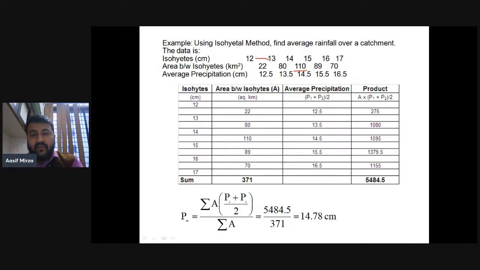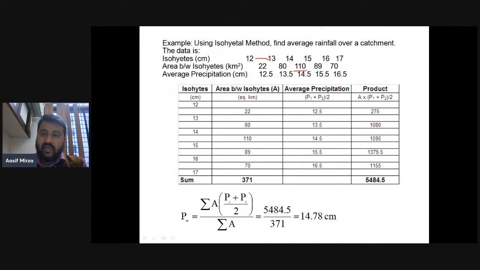Now the average precipitation values are 12.5, 13.5, 14.5, 15.5, and 16.5. So we have to multiply 22 with 12.5, and so on, and divide the sum by 371.